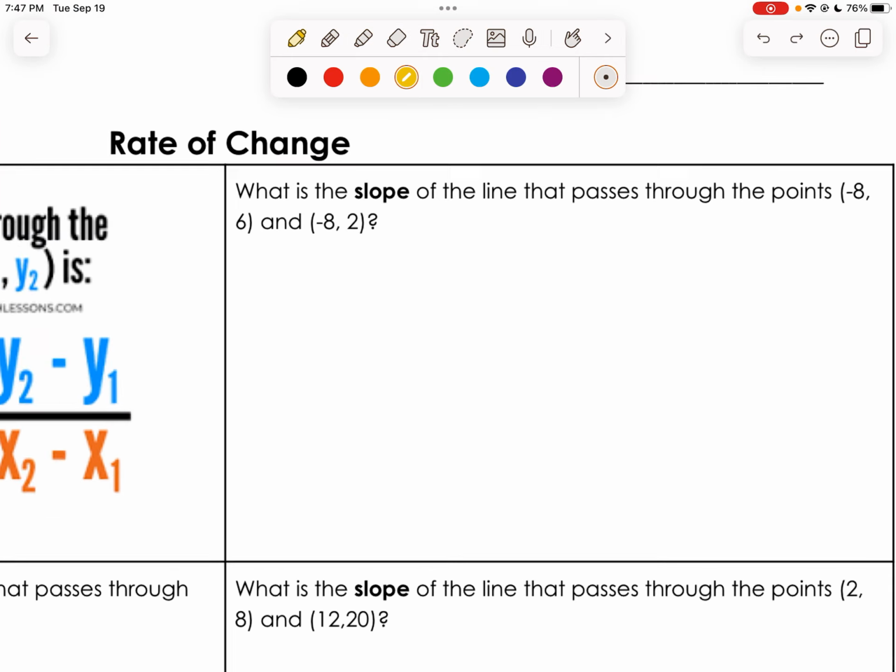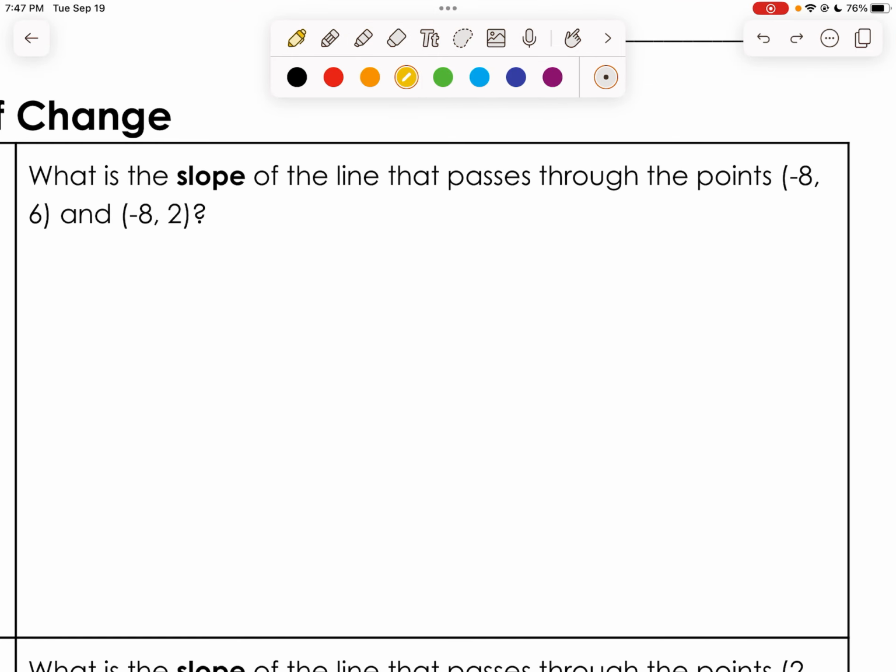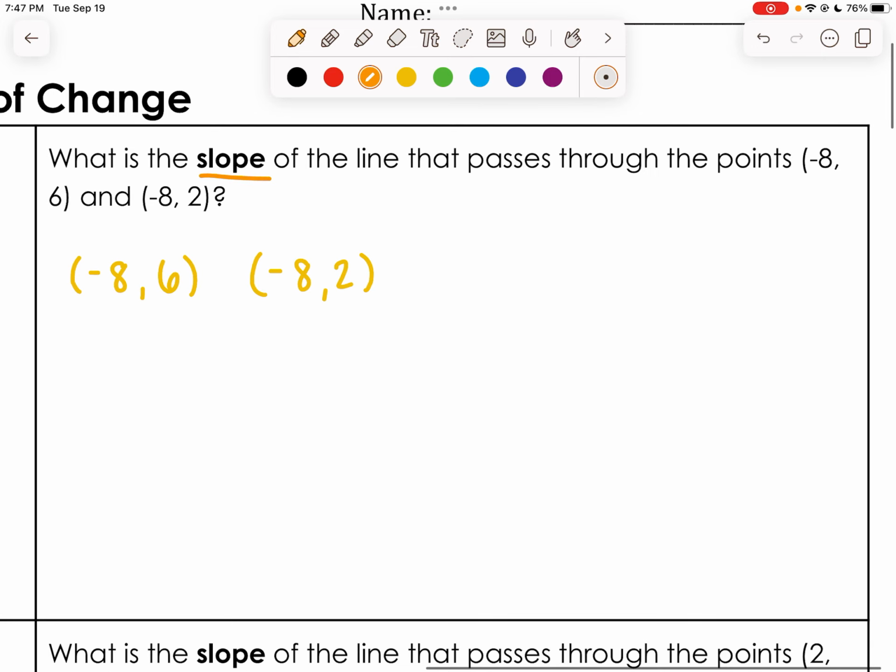I'm going to show you the easiest way that I find to do this and organize things. The first thing I do is just write out my points. So negative 8, 6 and negative 8, 2. They give me points and they ask what is the slope of the line that passes through them. Now I know I'm going to set up a fraction, and it's going to be y2 minus y1 over x2 minus x1.